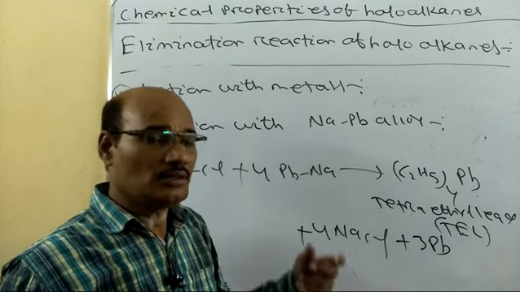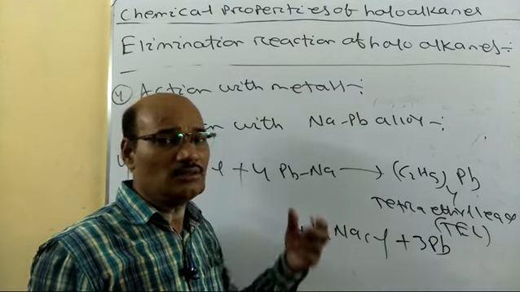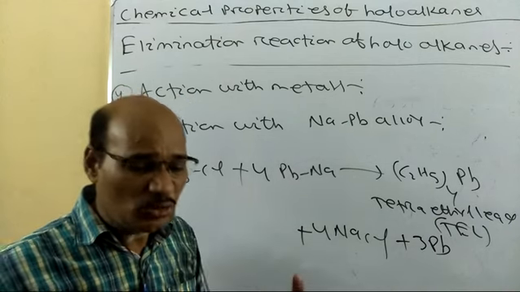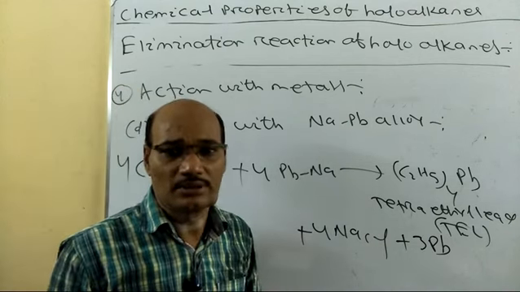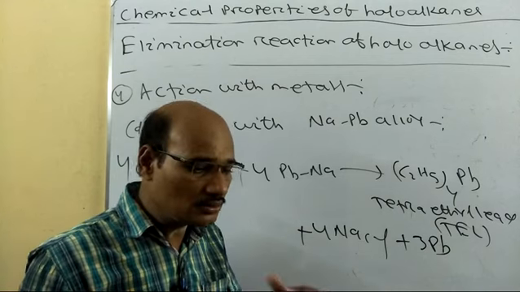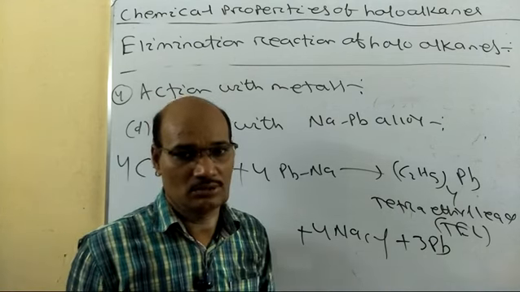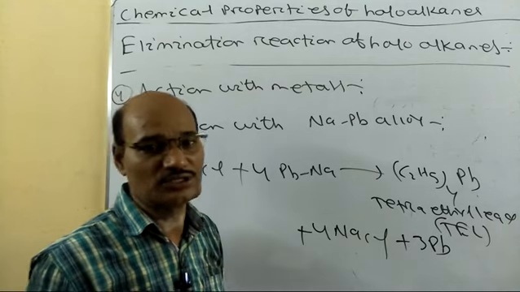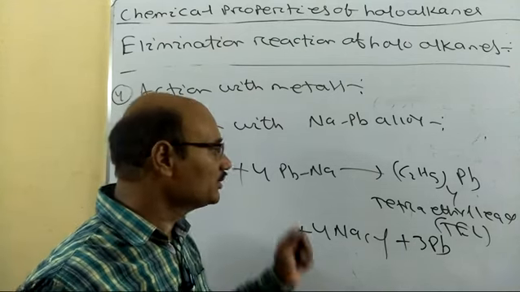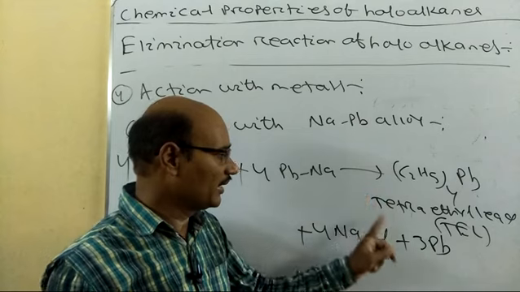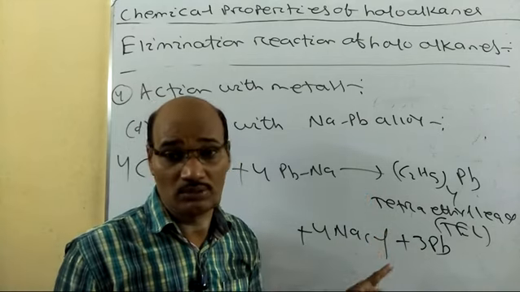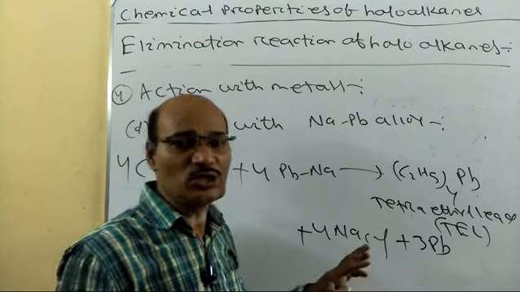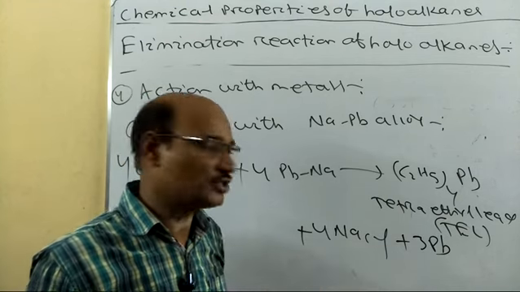When gasoline is used in IC engines, there is a chance of accumulation of the gasoline, and that causes knocking. To avoid that, to reduce the oxidation of the gasoline, we can use tetraethyl lead. So tetraethyl lead is an anti-knocking compound. It was used previously, but nowadays it is not used because of the toxic nature of lead.